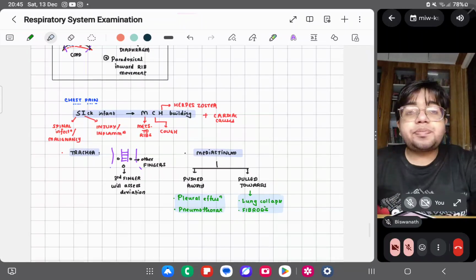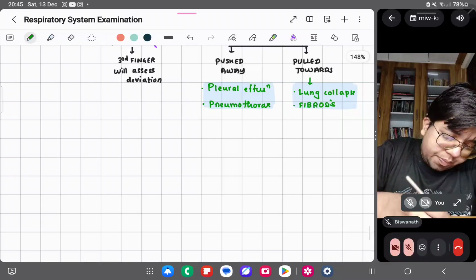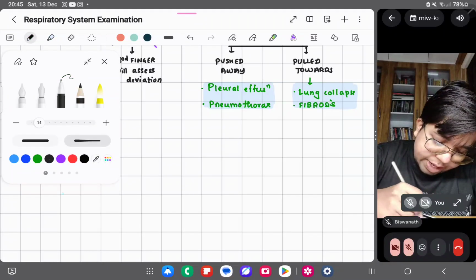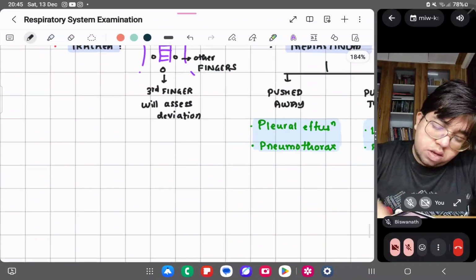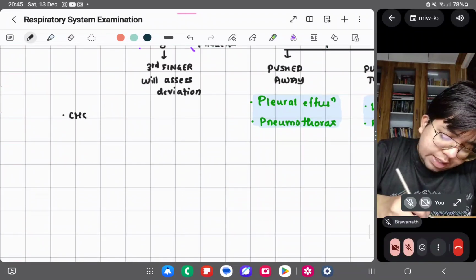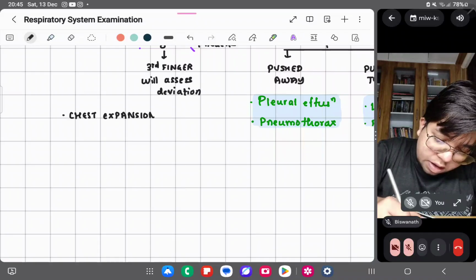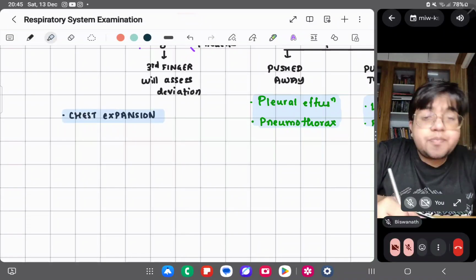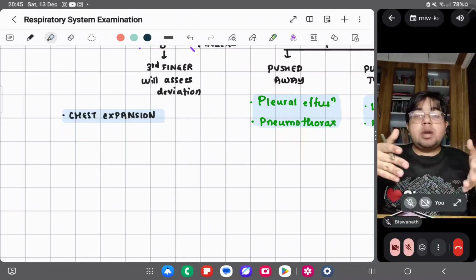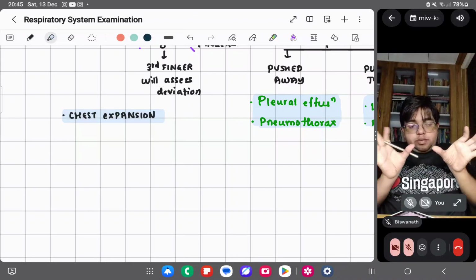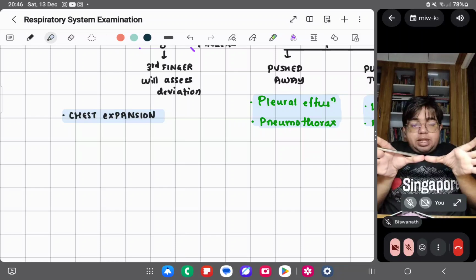Now we will assess the chest expansion. Okay, let's write here. Chest expansion. You are putting your fingers on the chest of the patient and the thumbs must meet at the midline.